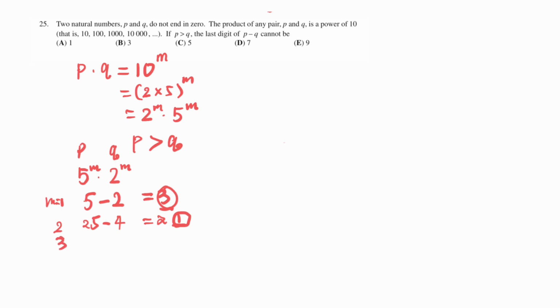If m equals 3, 5 cubed is 125, minus 2 cubed, which is 8. We just calculate the last digit, so 15 minus 8 is 7, the last digit.